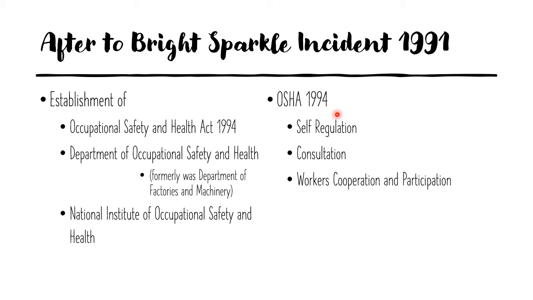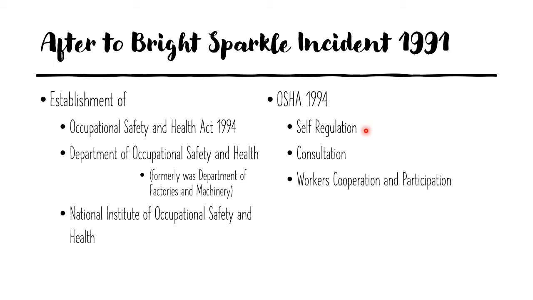OSHA 1994, the Occupational Safety and Health Act 1994. What is the difference from the old Factory and Machinery Act? The first is the philosophy or method we call self-regulation, meaning the government will have less responsibility in managing occupational safety and health issues in an organization, in the factory or in the industry.